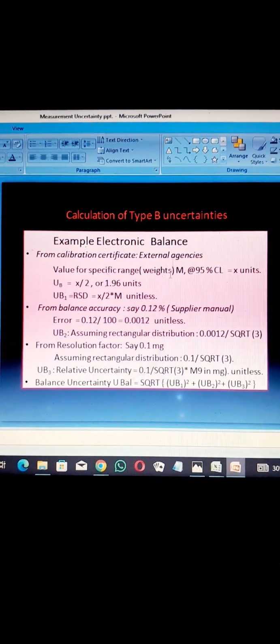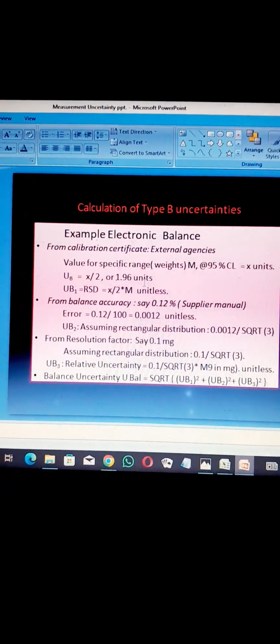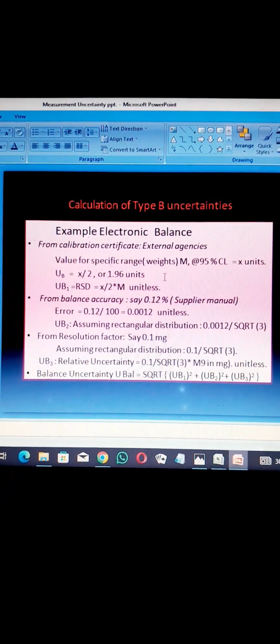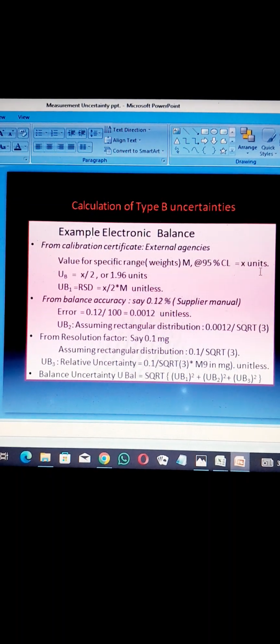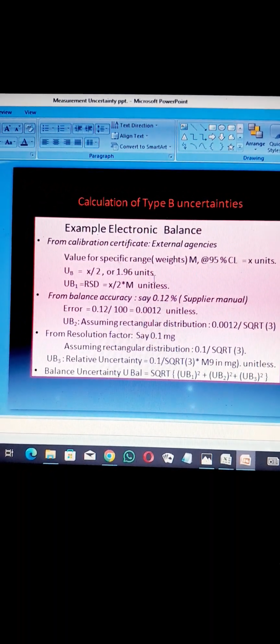For example, the electronic balance. From the calibration certificate or external agency, we get the values of a specific range at 95% level, which is 1.996 units.